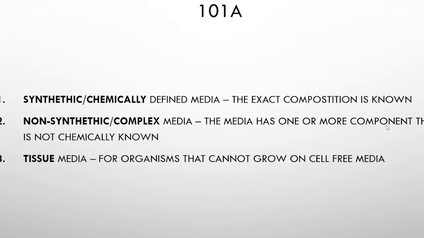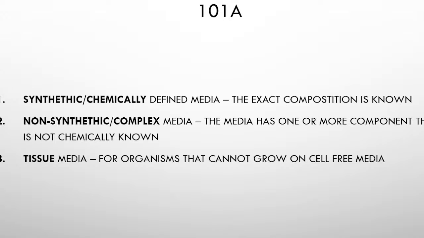This is a medium where one or more of the components are not chemically known. An example of this is your blood agar media or blood agar plates. Do you know all of the components of blood? Of course not. Regardless of how much knowledge we have about blood, we still don't know some of its composition.